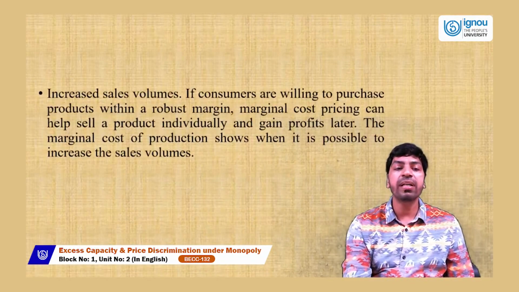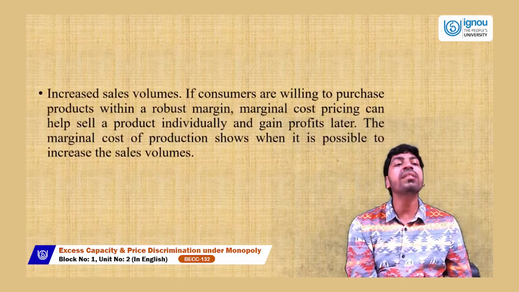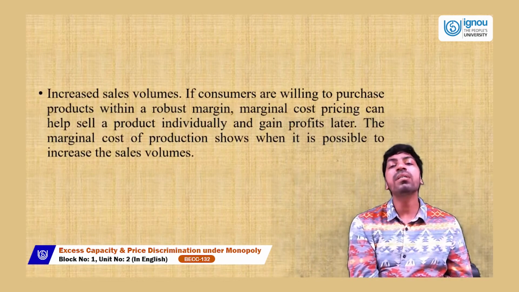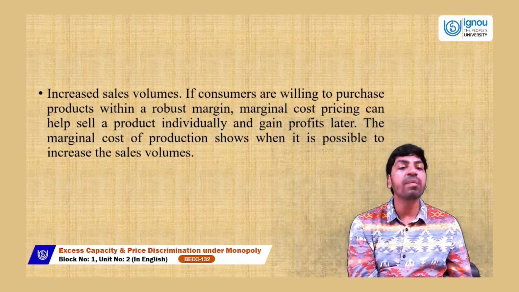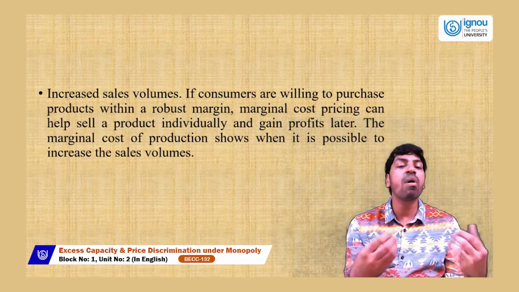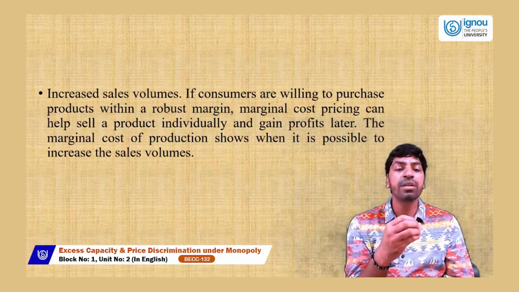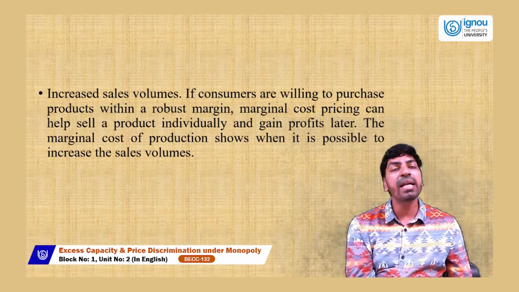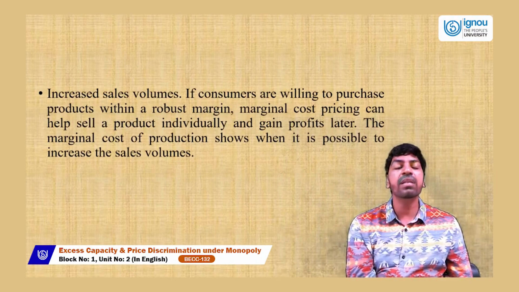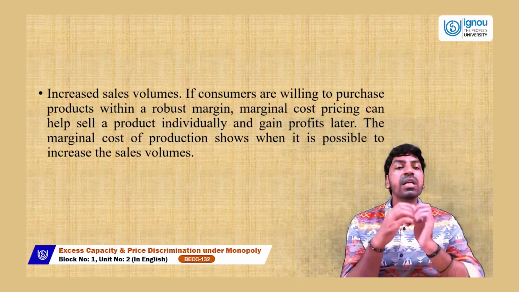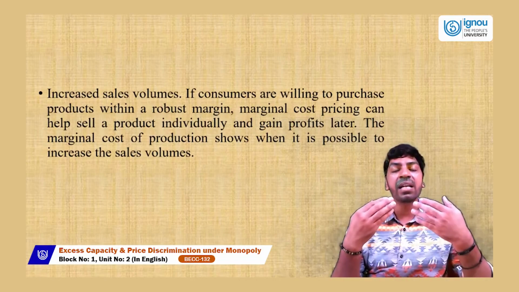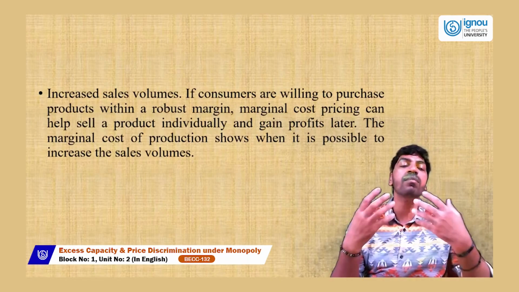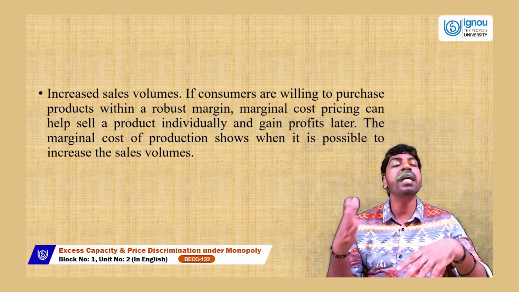The next one is increased sales volume. If consumers are willing to purchase products with a small margin, or a higher margin, then marginal cost pricing helps that product individually, and ultimately it will earn maximum profits at a later stage.